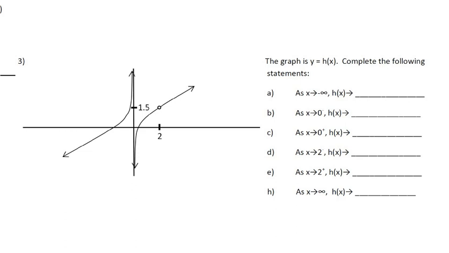Okay, so you want to answer positive infinity for both sides as x approaches negative 3. If you look at the other vertical asymptote, you'll see it goes up on one side and down on the other.